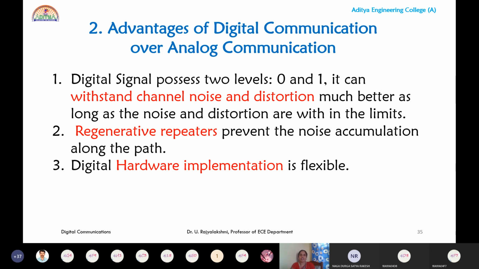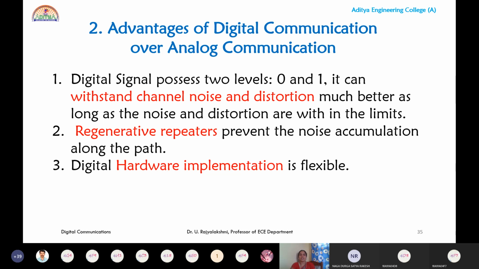So what is the first advantage? A digital signal, being a binary sequence, has two levels, 0 and 1, and because it has a channel encoding technique, obviously it will detect and correct the error bits. Bit errors can be detected and corrected using the channel encoding and channel decoding techniques used in the communication. Second point, here we have regenerative repeaters along the channel path.